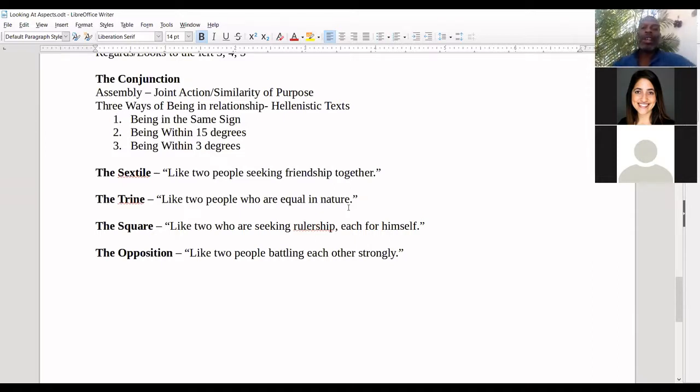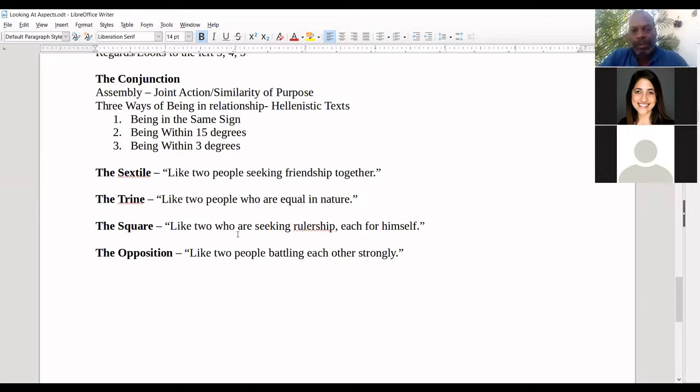The square, like two who are seeking rulership, each for himself. Well, we just looked at the square, right? We looked at the square with Queen Elizabeth, and we even looked at the square with rulership, right? So we can see with the square there is a vying, that the planets vie for attention, for prominence.